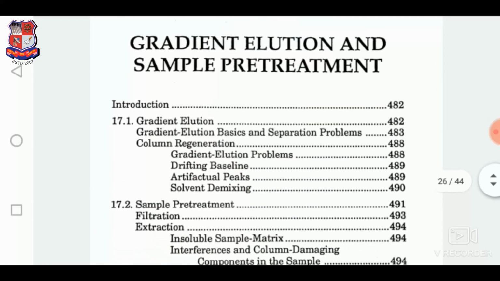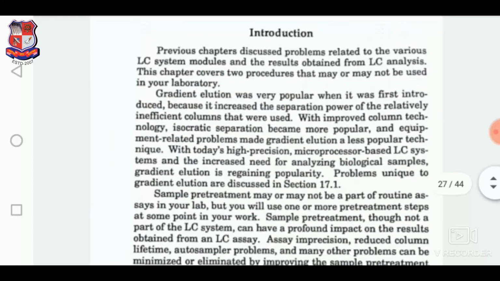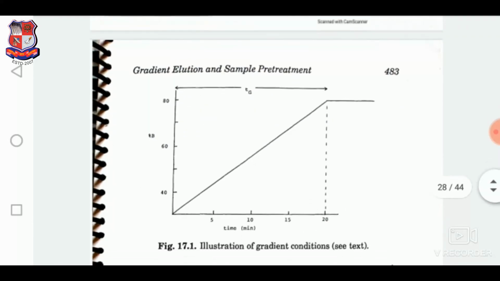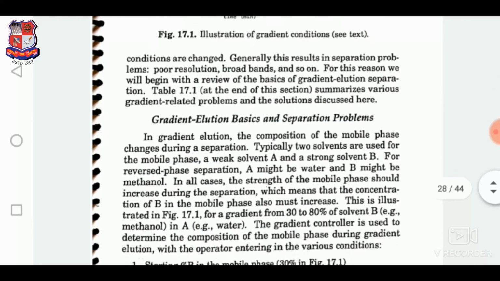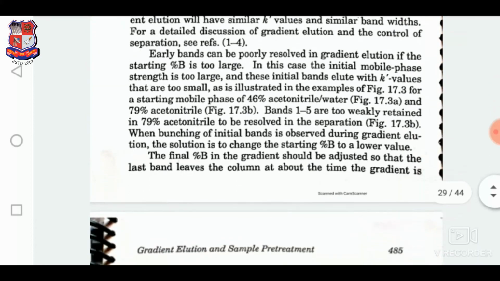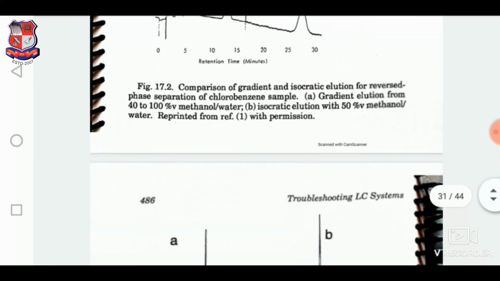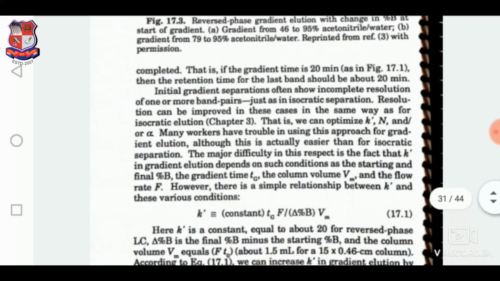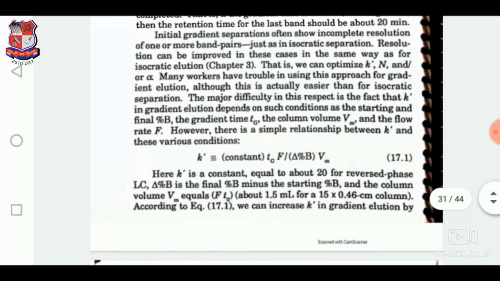Now second chapter is gradient elution and sample pretreatment. What is gradient elution? This is a typical illustration. So here what we derive some constant is there, that is K dash, and here is the equation for that.